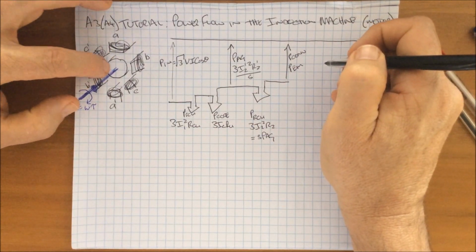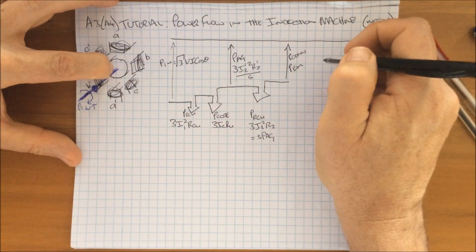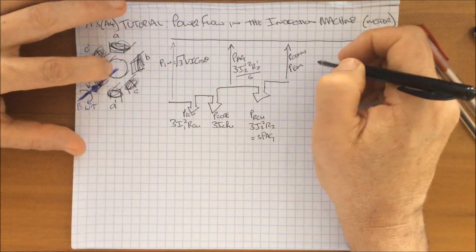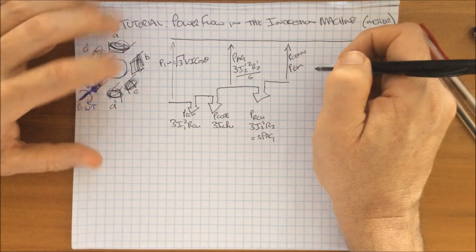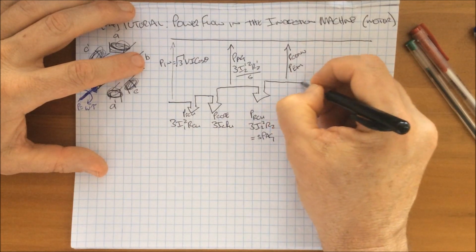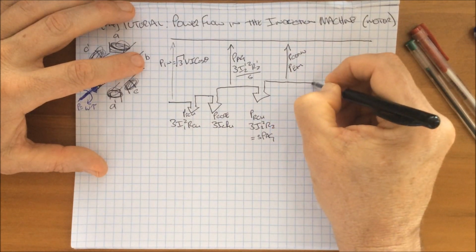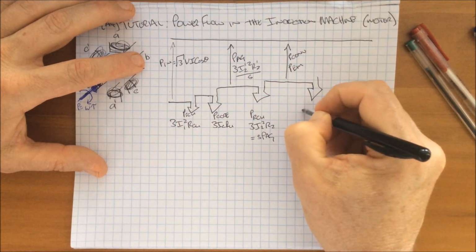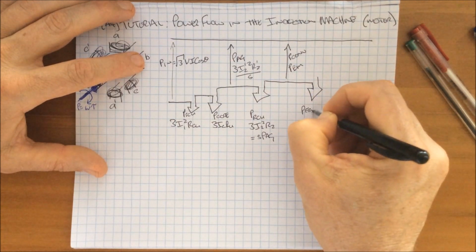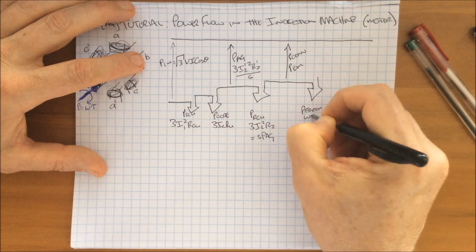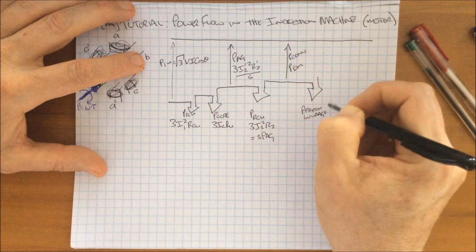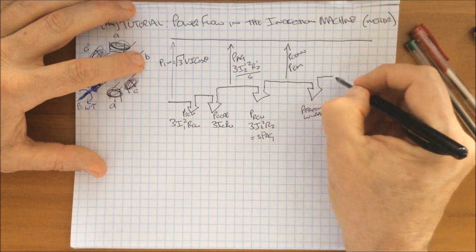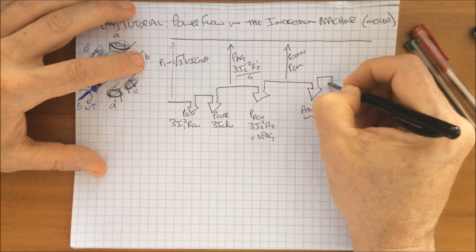This is the power that's present in the shaft, but we've still got a few more losses to do before we can actually get it out. And those losses are the losses due to friction and windage, and also there'll be some stray losses as well.